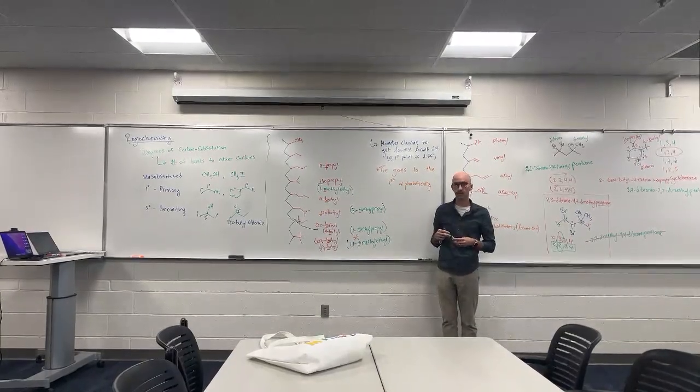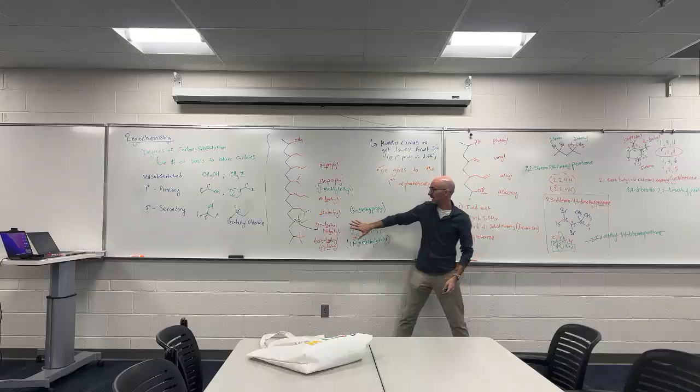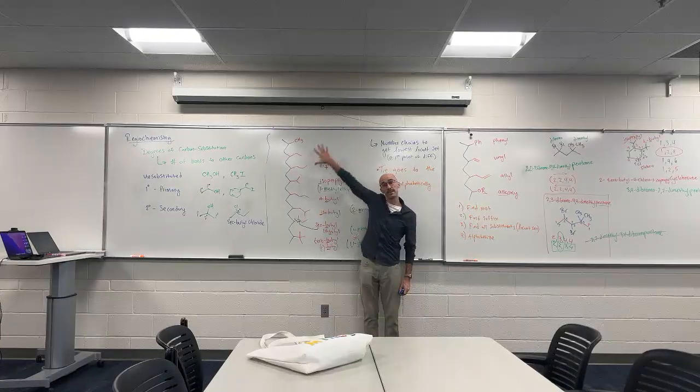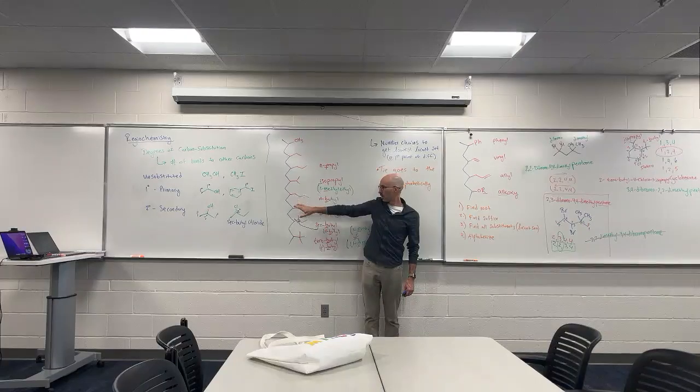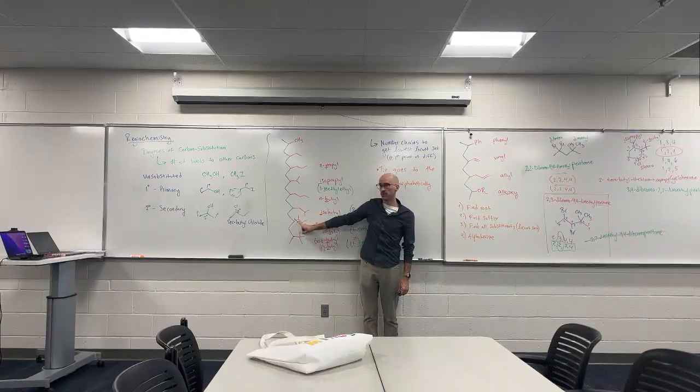1-methylpropyl. And that is, in this structure, if this molecule were real, what is the actual degree of substitution at that carbon? How many carbons is it bonded to? 3. It's the secondary carbon bonded to methyl and ethyl.